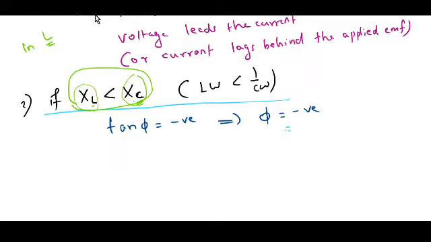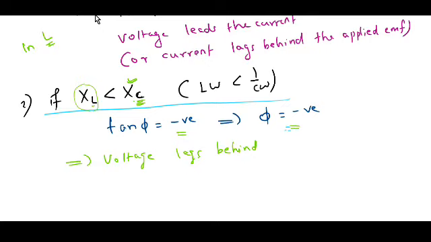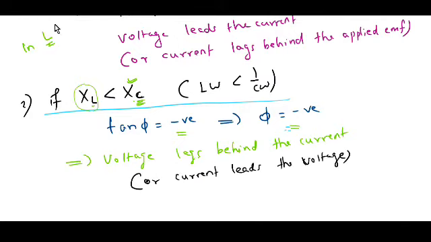That is, if tan phi is negative, phi is negative, then this arises because the capacitive reactance is larger. In the capacitor circuit, the voltage lags behind the current, or we can say the current leads the voltage.